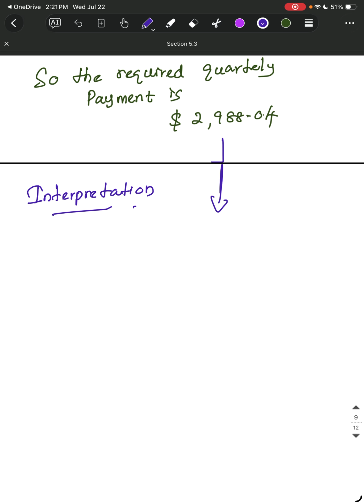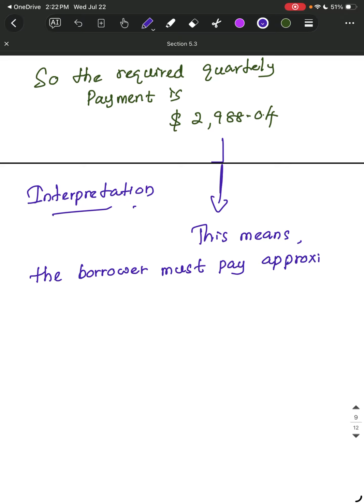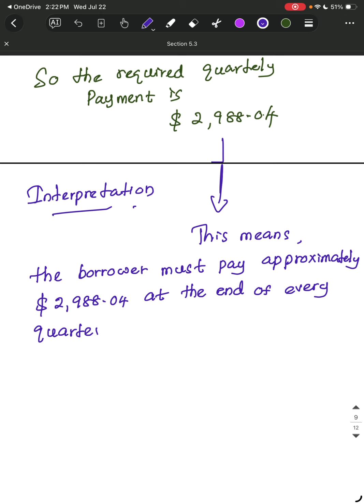So here this means the borrower must pay approximately $2,988.04 at the end of every quarter for 10 years.